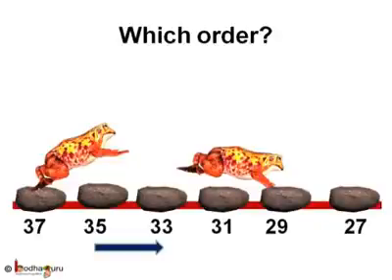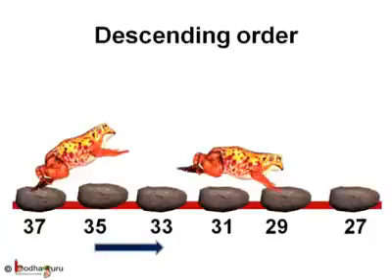The frog is hopping on the stones 37, 35, 33, 31, 29 and then 27. Which order is it following? Well, it is descending order, as it is going from the greatest number 37 to the smallest number, which is 27 here.